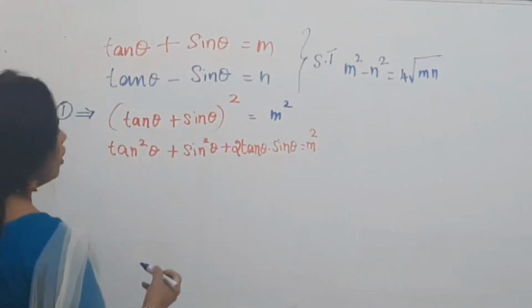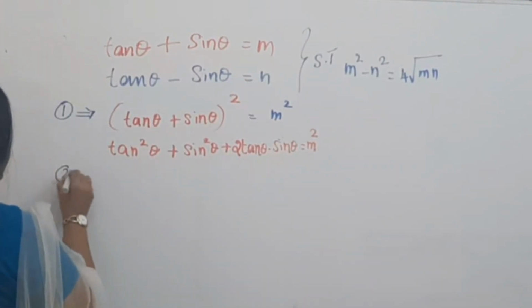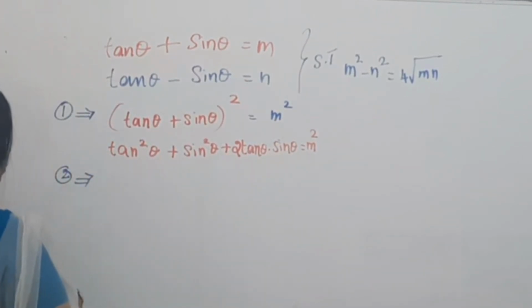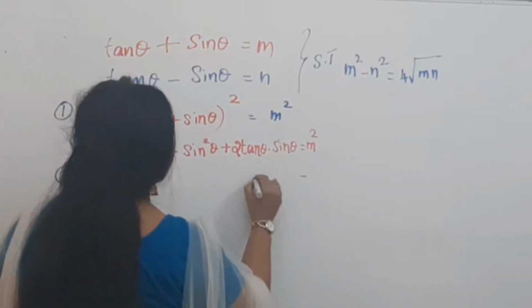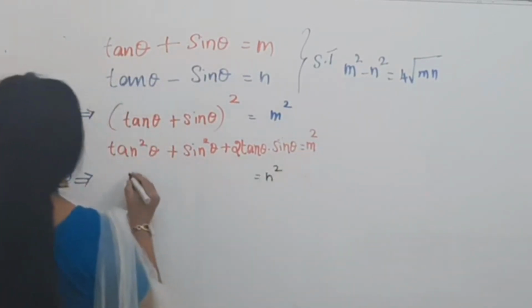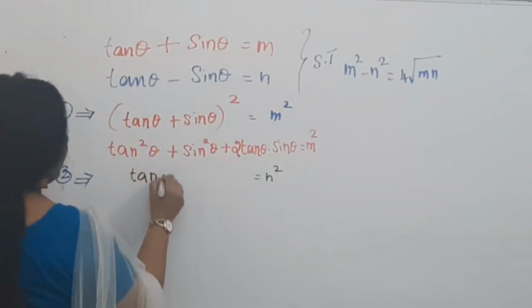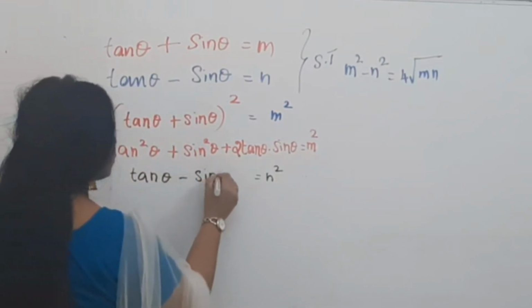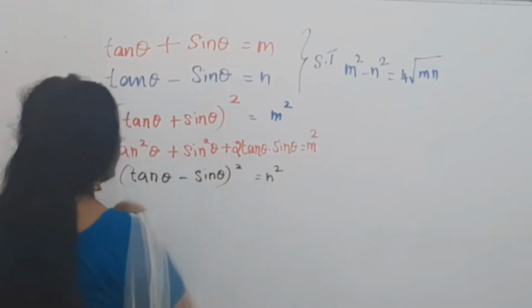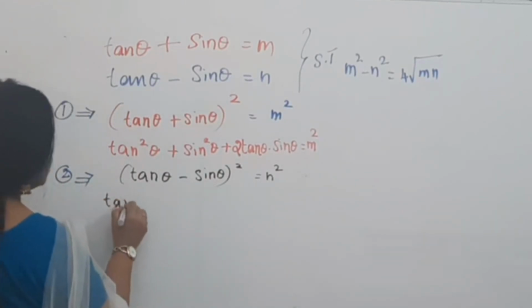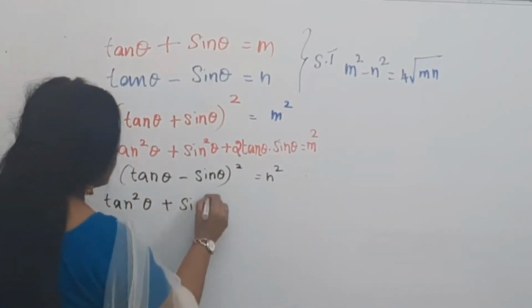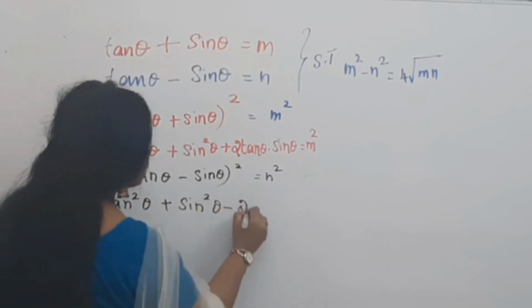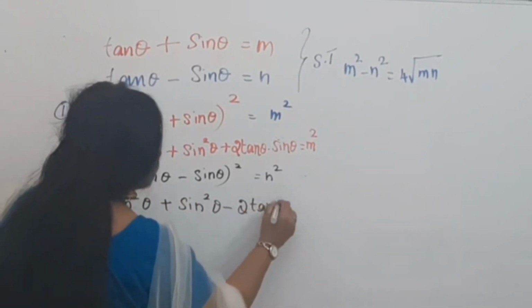Now I am going for my n square, that is the second one implies. So n square is this one, which is equal to (tan theta minus sine theta) the whole square. So how do I write it? That is (a minus b) the whole square: tan square theta plus sine square theta minus 2 tan theta sine theta.